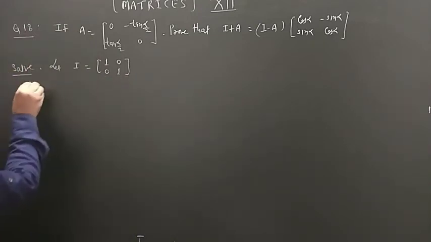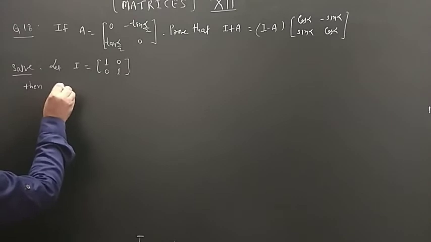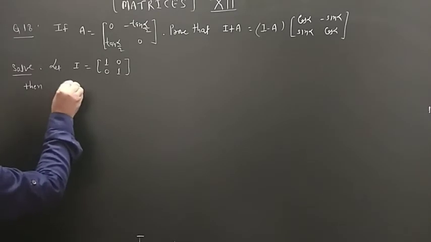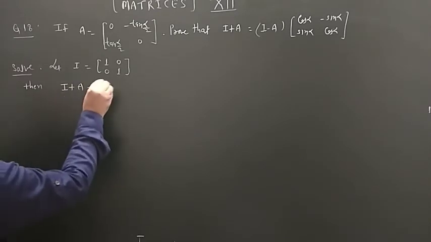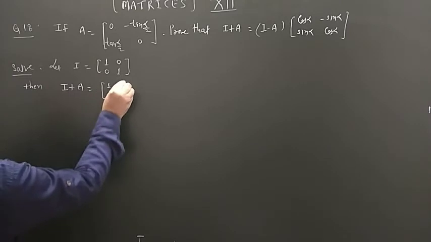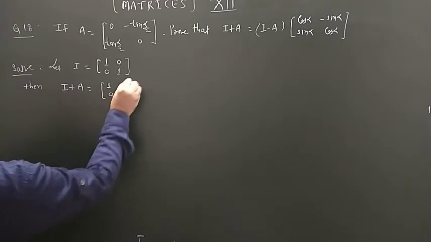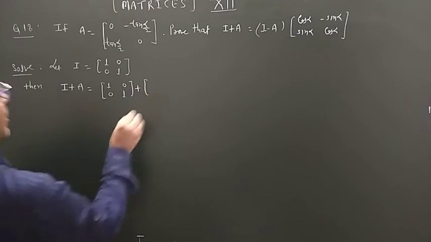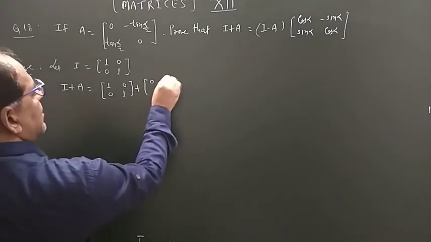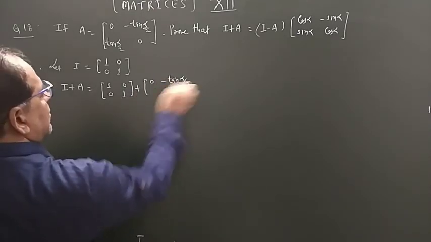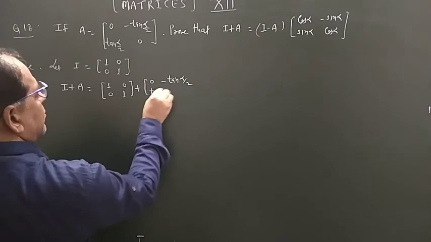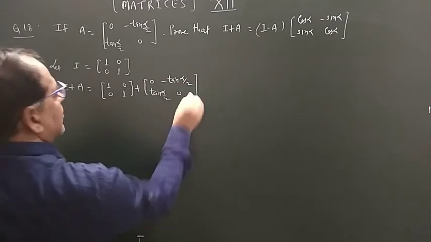Then I plus A equals 1 0 0 1 plus A, which means 0 minus tan alpha by 2, tan alpha by 2 0.